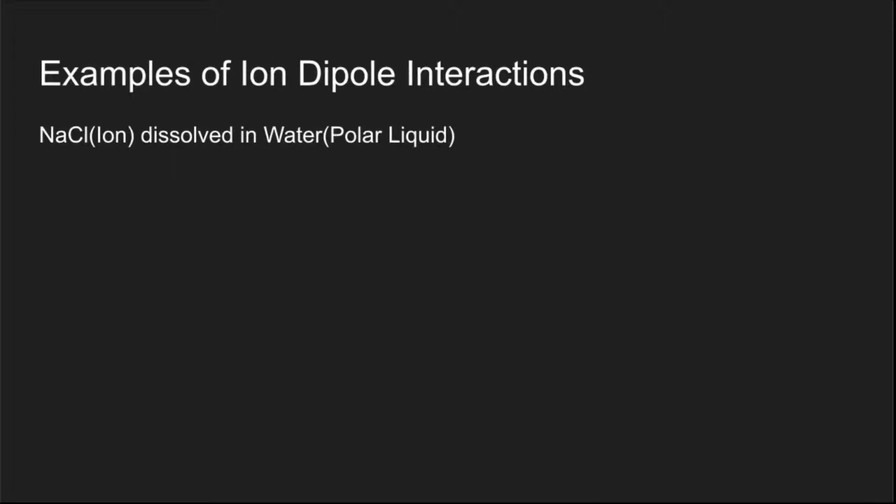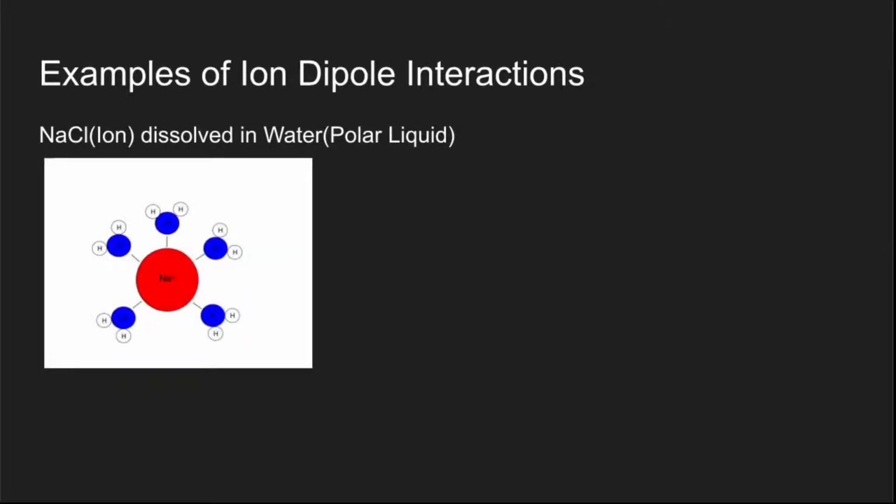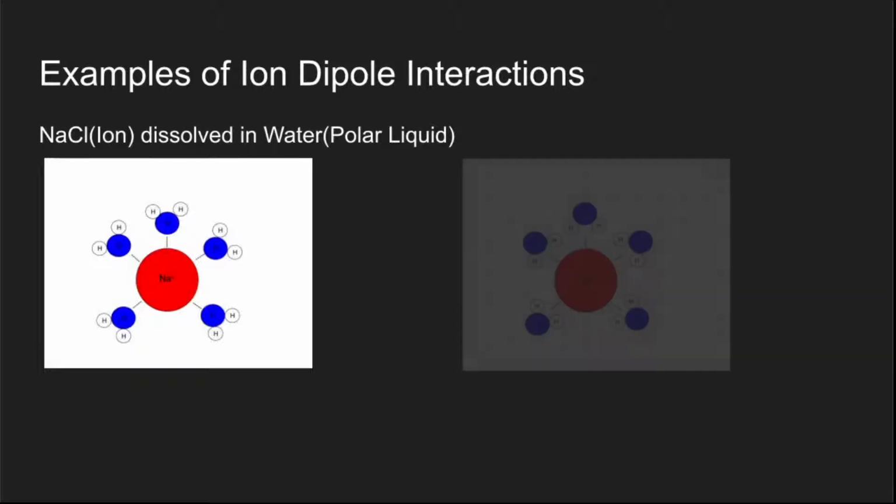Examples of ion-dipole interactions include NaCl, or sodium chloride, which is the ion that is dissolved in water, which is the polar liquid. In this picture, we see the positive sodium ion interacting with the negative dipoles around the oxygen in the water molecule.